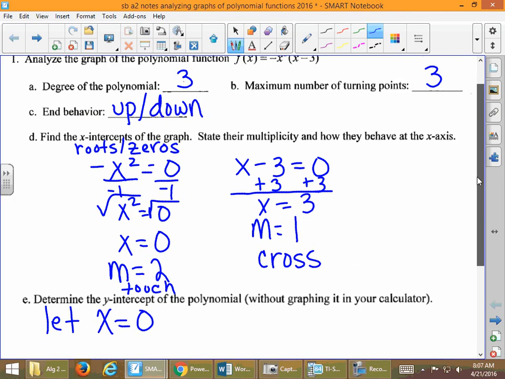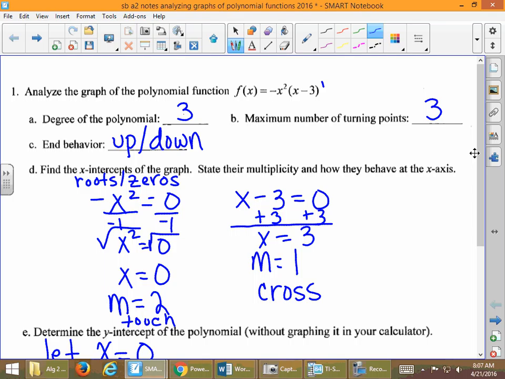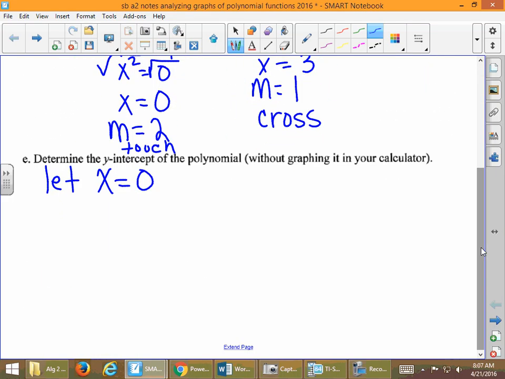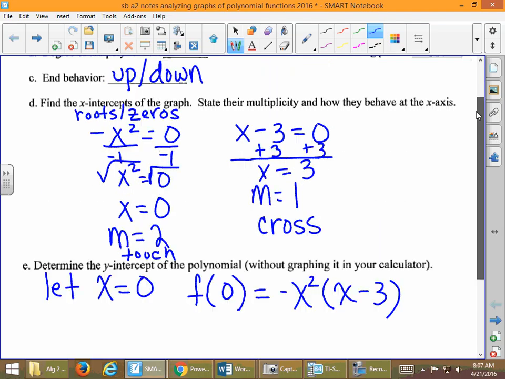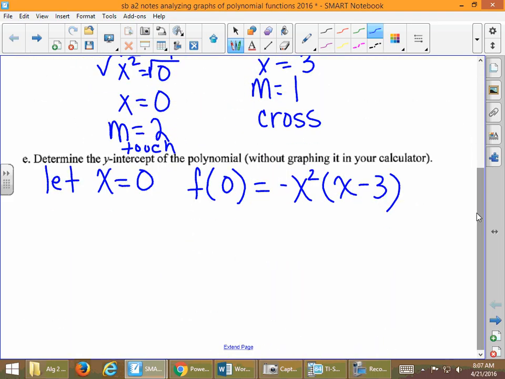But if we go back into this function, we're going to put 0 back in here at this x, as well as this x. In fact, I'm going to be a little bit more technical, just because we have the time and the space. And our function is negative x squared times x minus 3. So we're going to take this value of 0, and we're going to put it back into our function here. I'm kind of going the long way here, but I just want to show the math behind it.